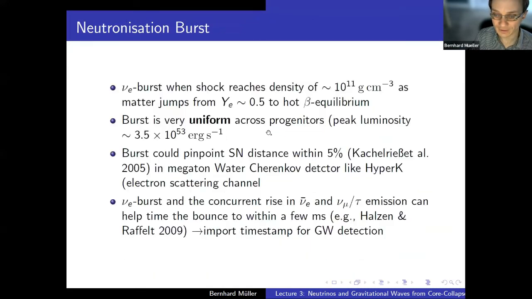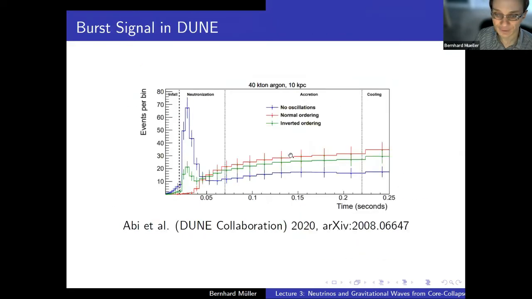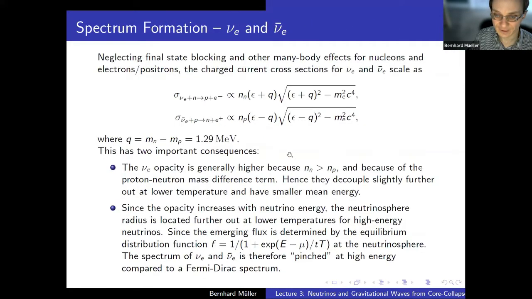But nonetheless, if you consider the mean energies, at some point their mean energies drop below those of the electron antineutrinos. So that already suggests that the spectrum formation of the heavy flavor neutrinos is quite complicated. So why is that the case?